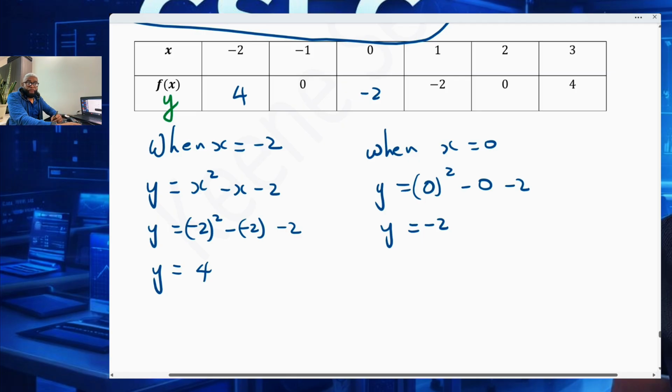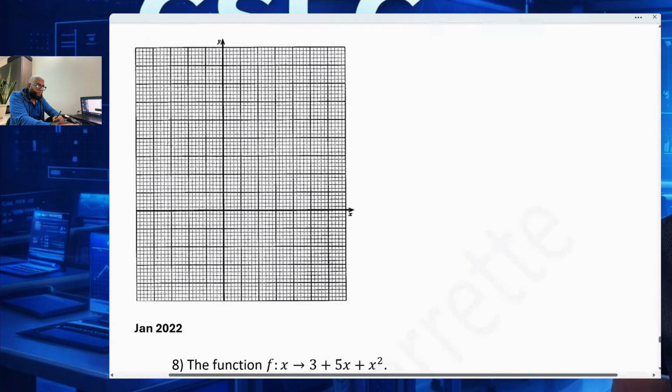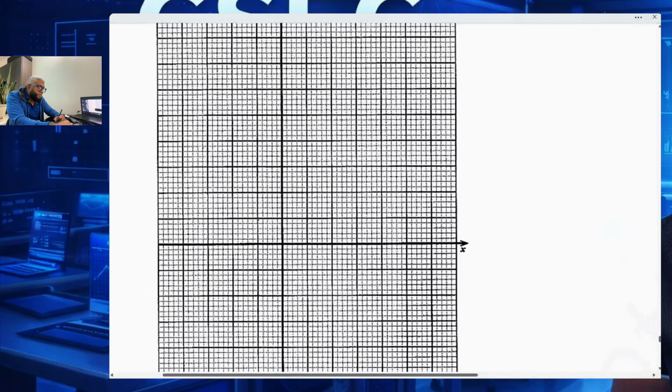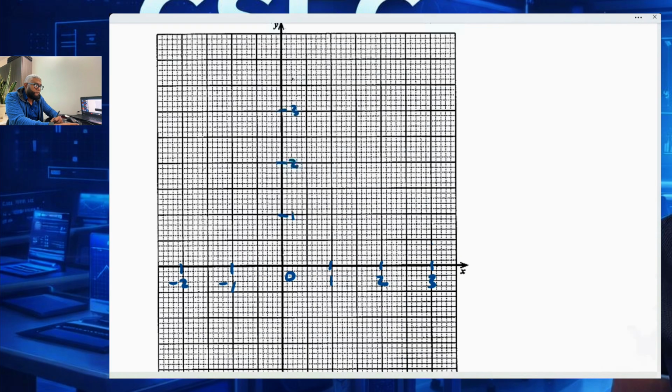We have negative 2, 4, negative 1, 0, etc. So there we go. We're going to plot these. So 2 centimeters to 1 unit. So we come in here: 1, 2, 3. On this side, I'll have negative 1 and negative 2. 0 in the middle. Then I'll have 1, 2, 3, 4.